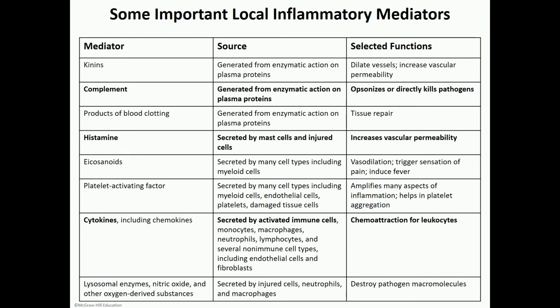Now, what are some of the inflammatory mediators that mediate inflammation? There's a whole list, but I want you to focus on 3 of them: complement, histamine, and cytokines. So complement, and we're going to talk about that in detail in a couple of slides. These are a whole bunch of plasma proteins that once you activate one, you are activating the whole system.